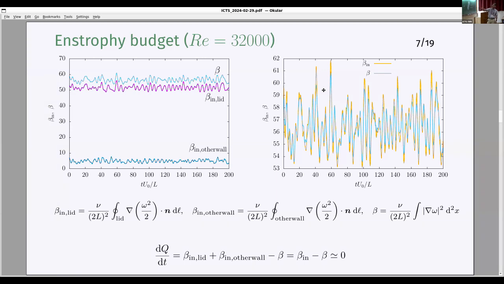If we add beta in lid and beta in other wall, the sum is this beta in. The sum is basically equal to the dissipation rate. This is time, and this is the input. The orange is the input, and the blue is the dissipation rate. Now this input and dissipation rate are basically equal, so we have a statistically steady state.